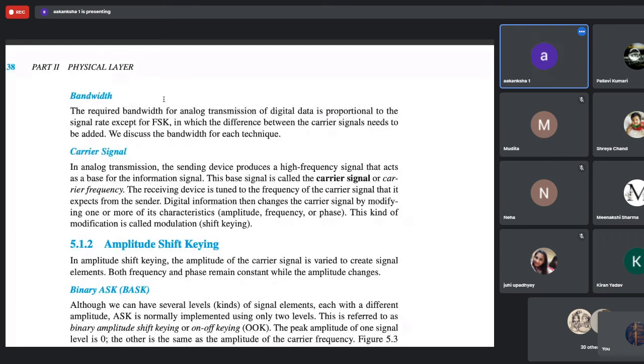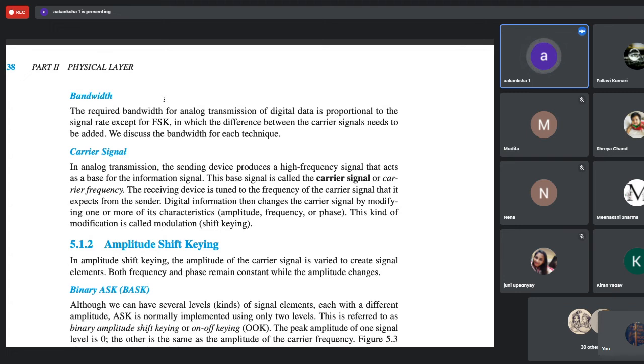And now the digital information then changes the carrier signal by modifying it. We have discussed in the previous topics also, in digital to analog conversion, this carrier signal which we are transmitting over a high frequency, suppose on 98.3 megahertz, suppose that is a particular channel like Radio Mirchi, and it is sending me signals on 98.3, but whatever they are sending is the normal audio range speech.